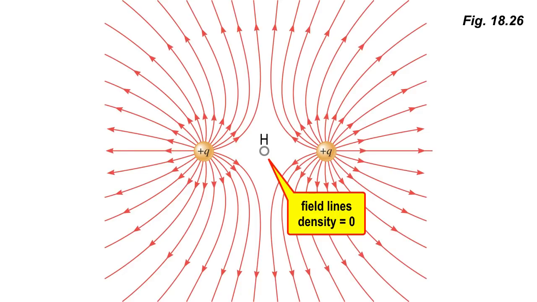The student was thinking in terms of the field lines and this array of the field lines. And the student made the decision that there are no field lines that ever get to point H in the middle. They're all kind of evading point H.